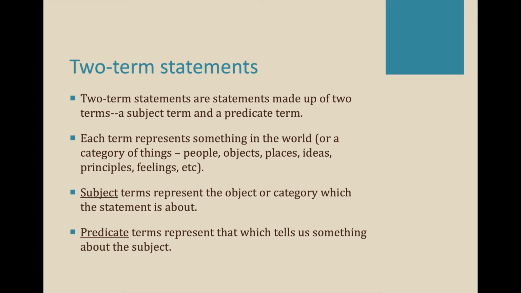So there's a relationship or an overlapping between the subject term category and the predicate term category. So the subject term is the term that represents what the statement is about, and the predicate term is the term that represents the category that tells us something about the subject term.